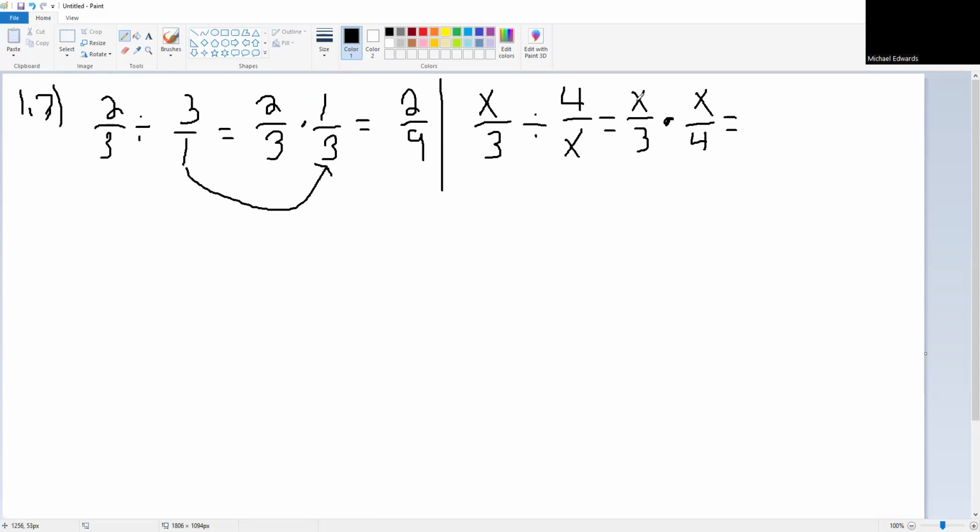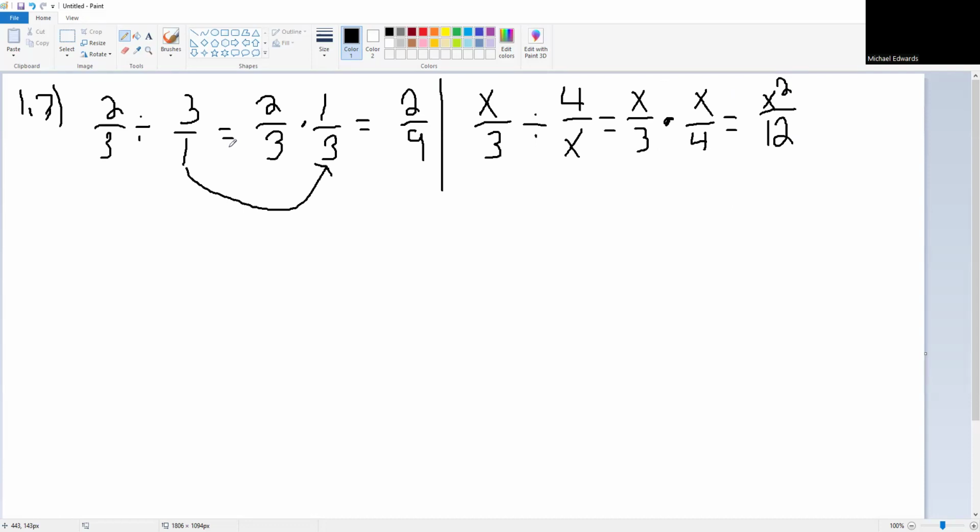So this turns into x times x, which is x squared, and 3 times 4, which is just 12. That's rational expressions. It's much the same way as regular expressions.